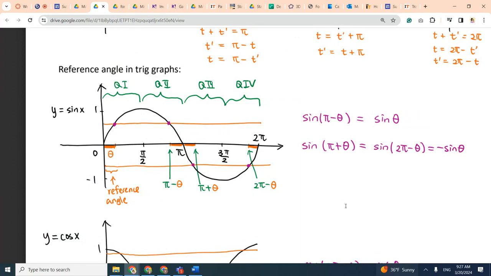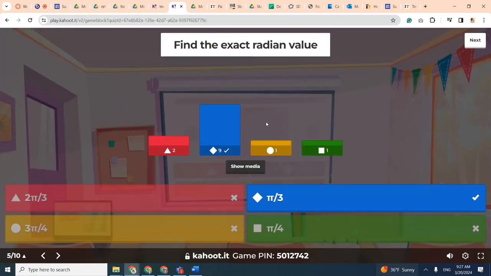However, the range of the inverse sine is the restricted domain of the sine, so we have a 1 to 1 function. Our restricted domain is from negative pi over 2 to pi over 2. So that's why you cannot pick the angle here in the second quadrant. Is that clear, everybody? All right. Good.